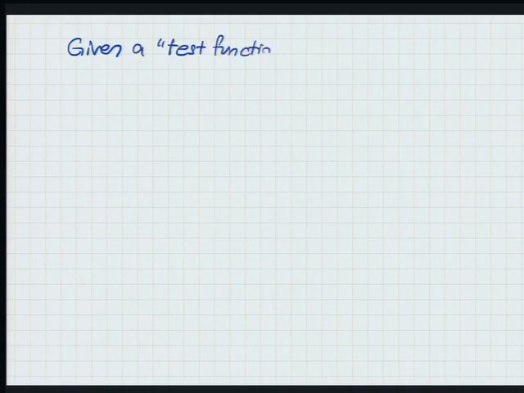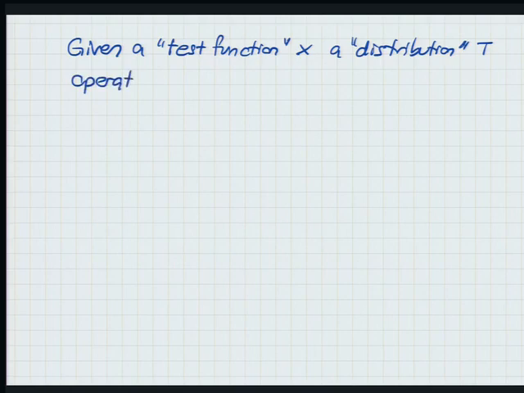Okay. So here's a definition. Given a so-called test function x, a distribution t operates on f to produce a number.